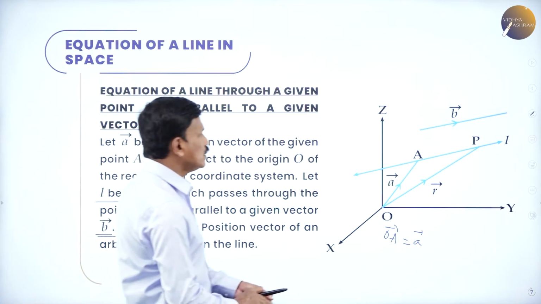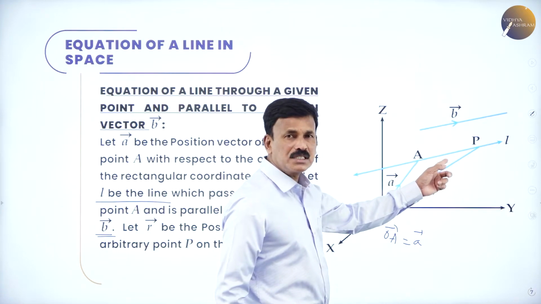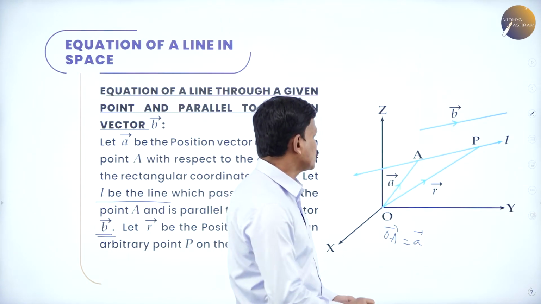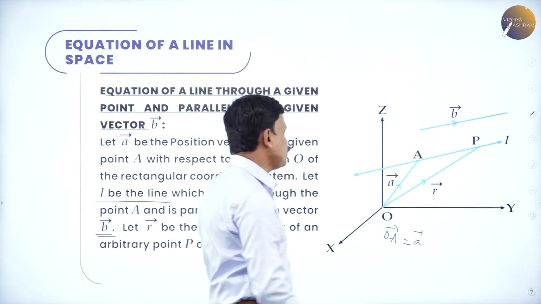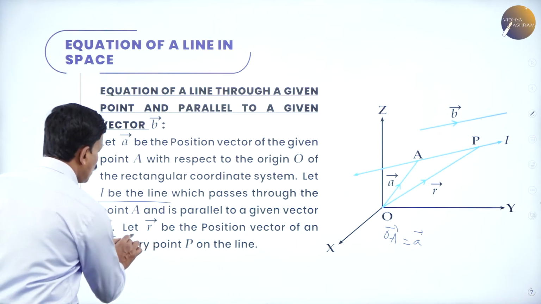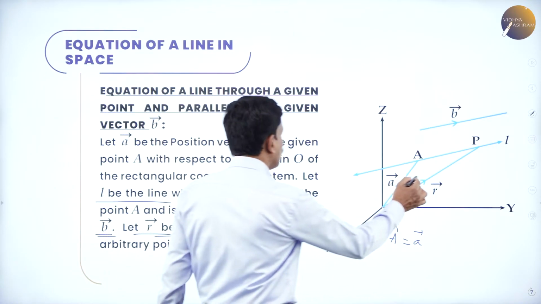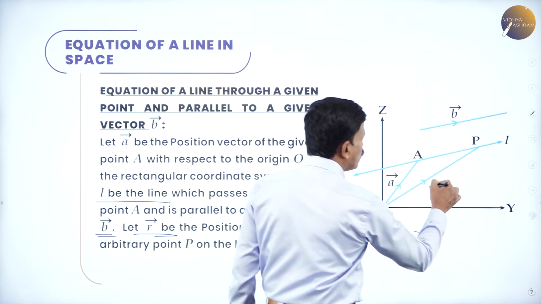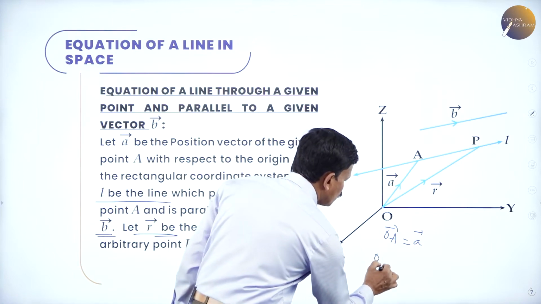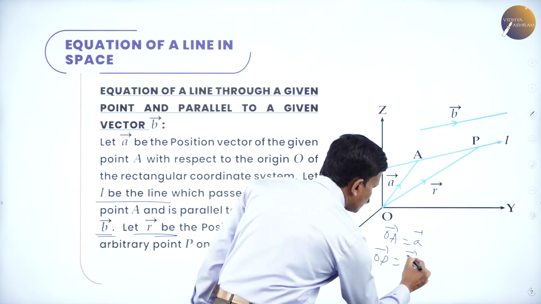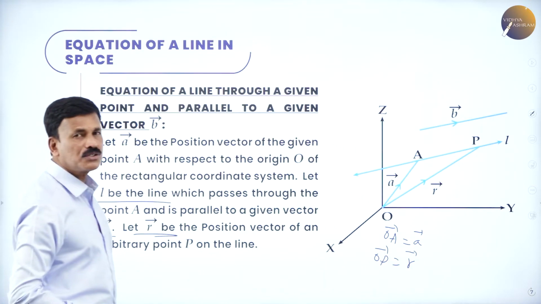So here AP is the line L. This line is parallel to the given vector b. Now let r be the position vector of an arbitrary point P on the line. So this r is the position vector. Therefore vector OP is equal to vector r.